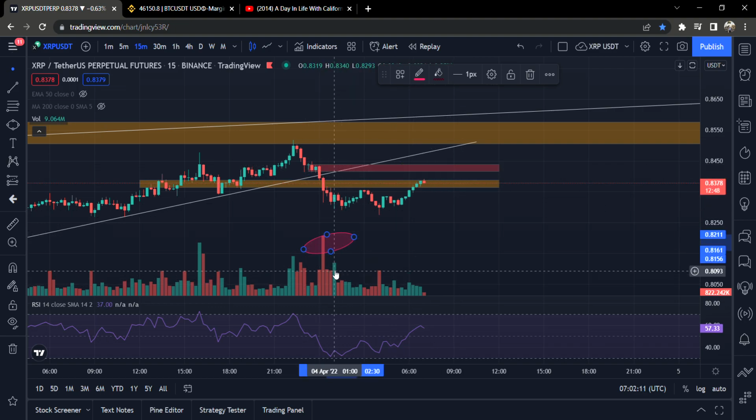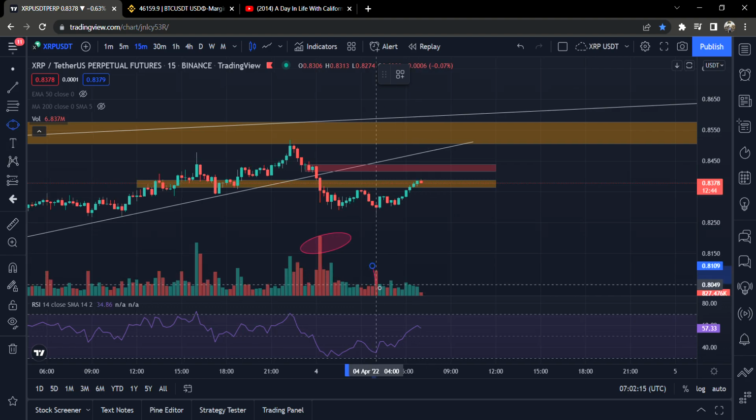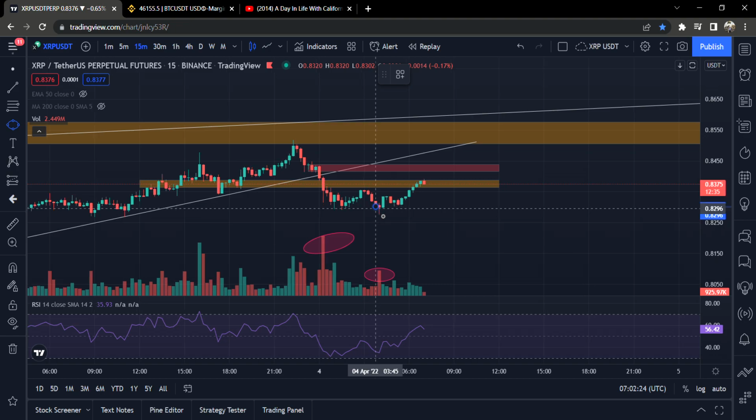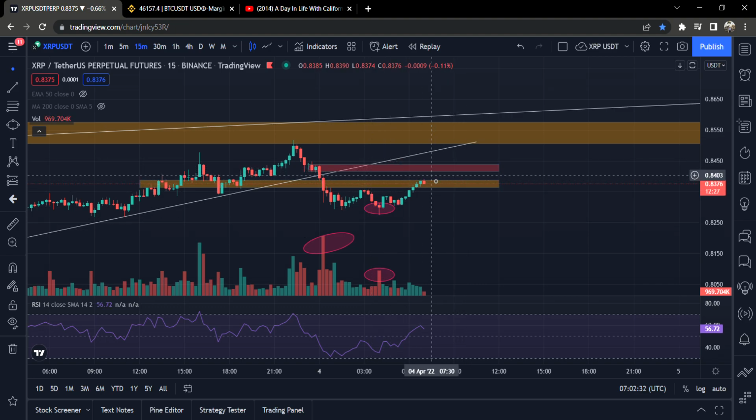If it is kind of like this or kind of like this, I would want to see a volume kind of this. And I want to see a candlestick pattern like this at this level, or a Marubozu, or a shooting star, and the volume is good, then I'll go for short.